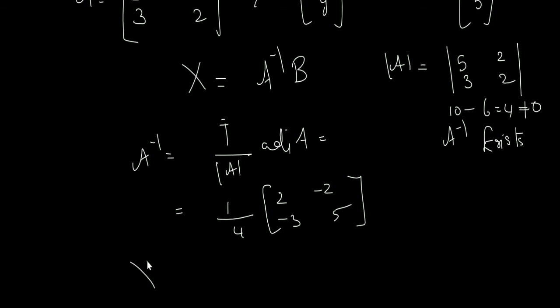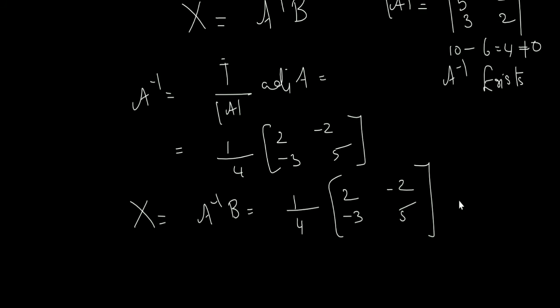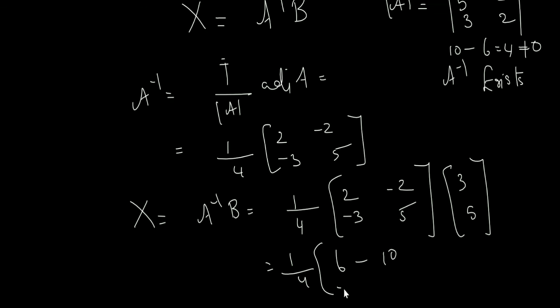So the matrix X is equal to A inverse into B. That means 1 by 4, 2, minus 2, minus 3, 5 into the matrix B. What is the matrix B? 3, 5. Just multiply. So 1 by 4, 6 minus 10, minus 9 plus 25.